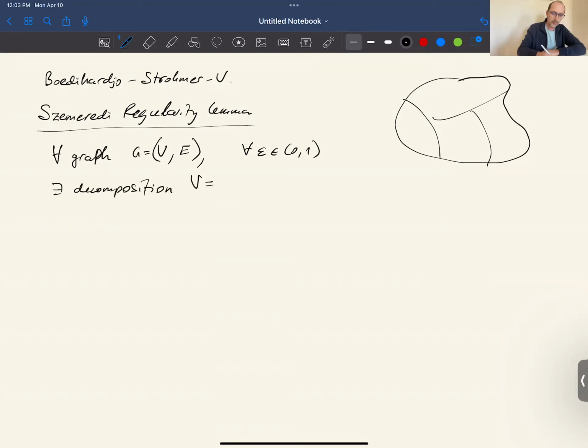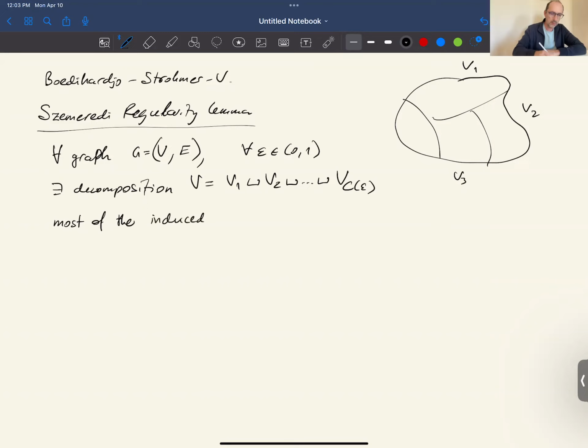the vertex set into little parts, V_i. Let's say this is V1 and this is V2 and this is V3 and so on, in such a way that except for the small part, which I'll ignore for this purpose, most of the other parts are good.